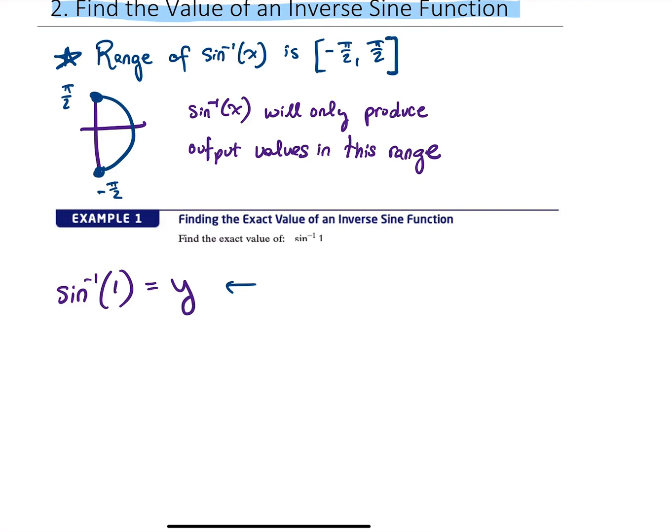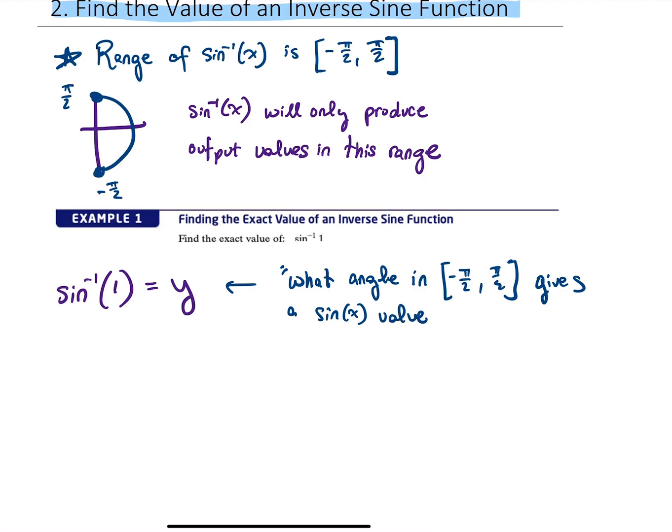So we can view this as asking what angle in that restricted range, so in this interval from negative pi over 2 to pi over 2, will give a sine value of positive 1.